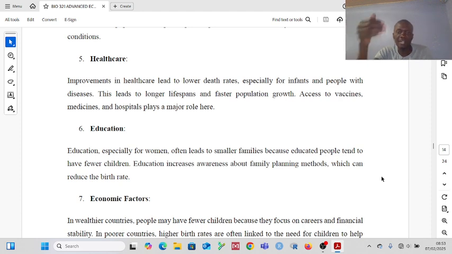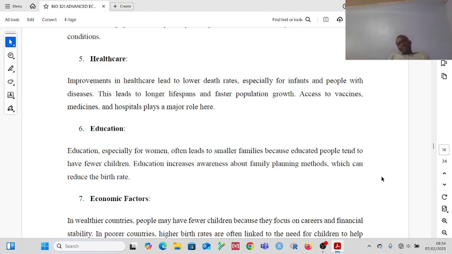That leads to a reduction in the death rates, and then we'll have a longer lifespan, so the population growth will be faster. We'll have higher access to vaccines if we have a challenge of any disease. So if you have a very high improvement in healthcare, it will result in a lower death rate. A lower death rate means a higher population growth.